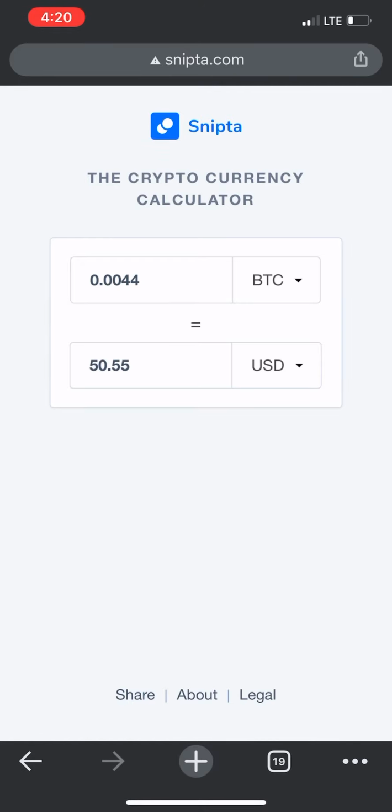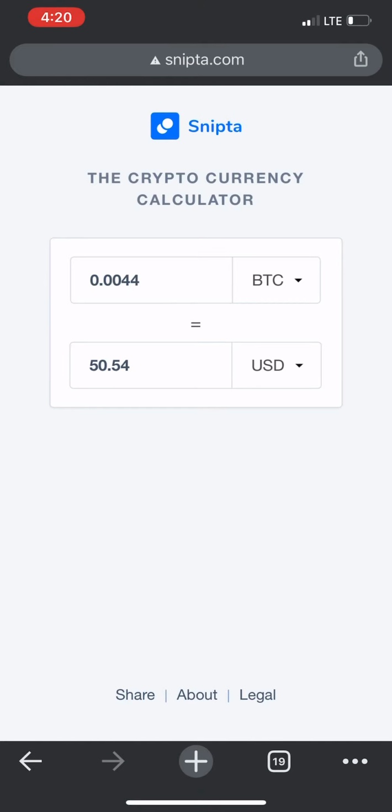Vice versa, if bitcoin drops from the 11,400 that we saw to 11,300, 11,200, are you getting my point? This 0.0044 BTC might not be worth $50. It might be worth $45, $40. Do you understand? So that's how it is.